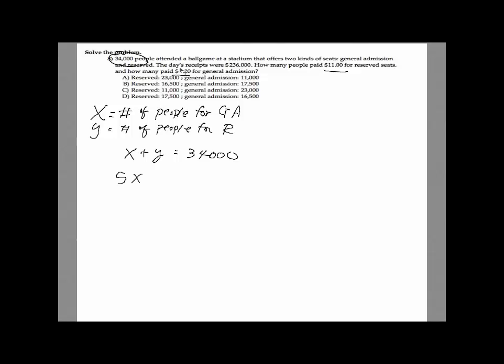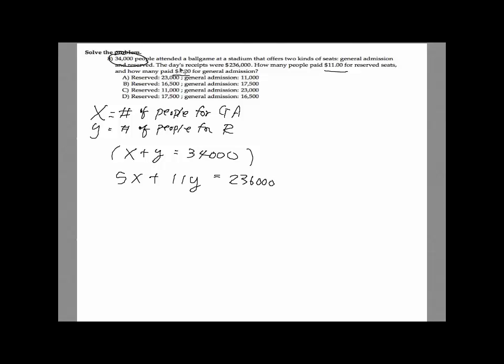So 5x gives you how much we make from general admission tickets. And then you add that to 11y, how much we get from reserved seats. And that's 236,000.